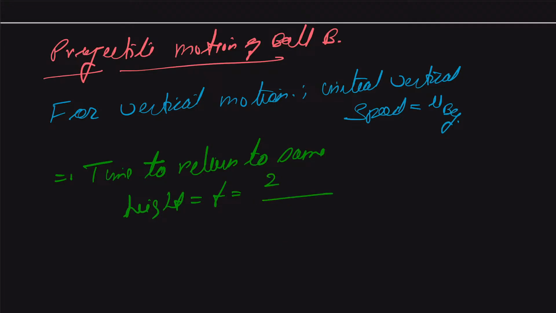This is equal to 2u_By divided by g. So this gives us twice v cos alpha sin alpha divided by g.